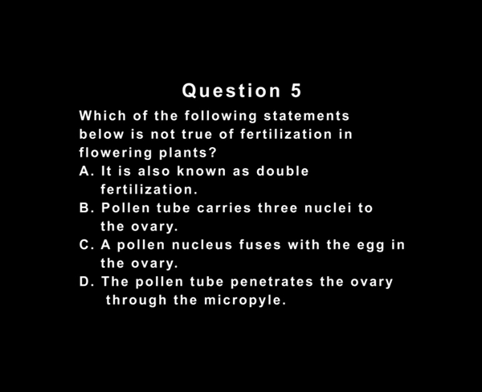Yes, the ovule, just to confuse you, is in the ovary and the ovary is around the ovule. So D, the pollen tube penetrates the ovary through the micropyle. No, it does not penetrate the ovary through the micropyle. So D is not the correct statement here. So the answer to number 5 is D.